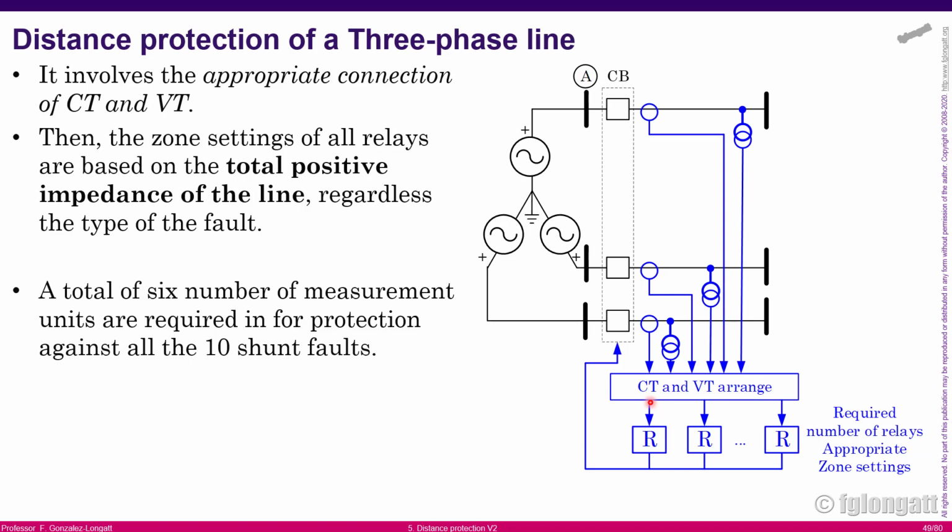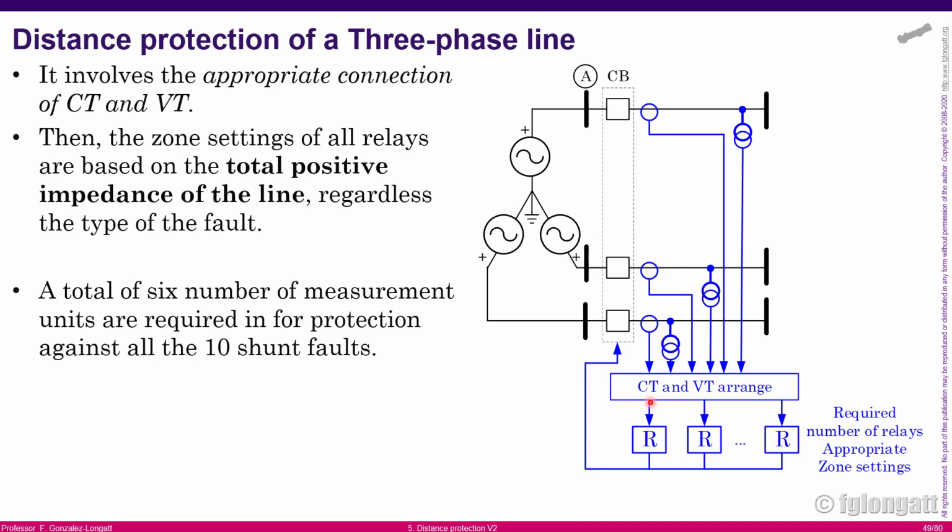And this must be done for any fault condition. At the end, we will need six measurement units, I mean CT and VT, and also we will need a number of impedance, or distance relays, okay?